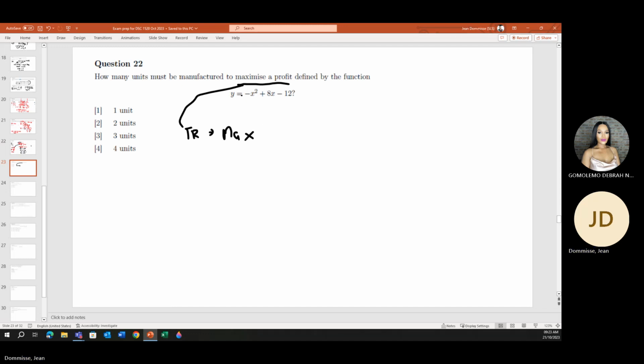So if it is y is equal to minus x squared, it will have a view of a quadratic that's going downwards. And what you are basically calculating is, at that turning point, what is the maximum. So from question 20 nearly, remember we could work out what is the turning point.